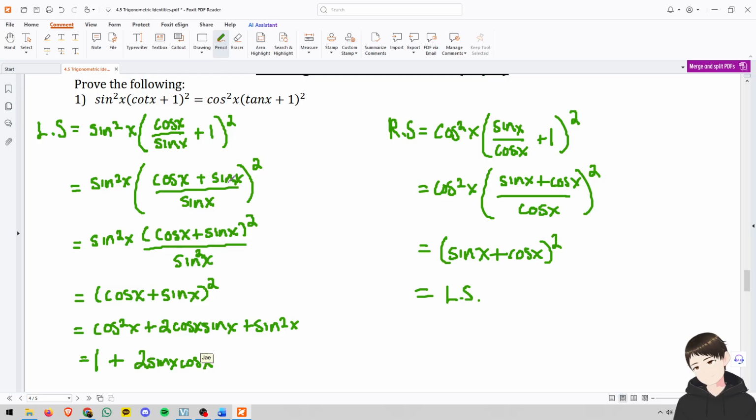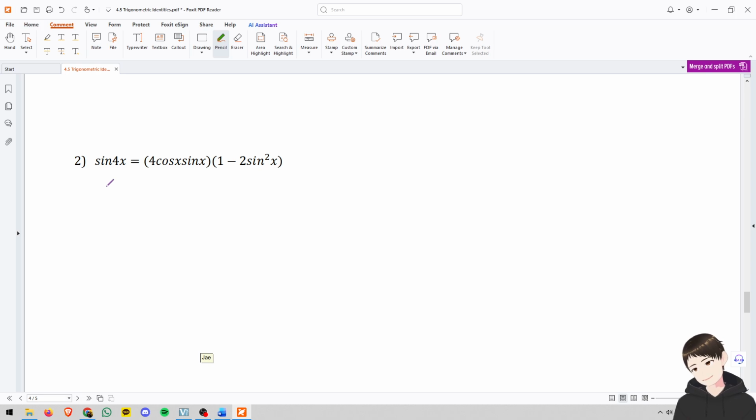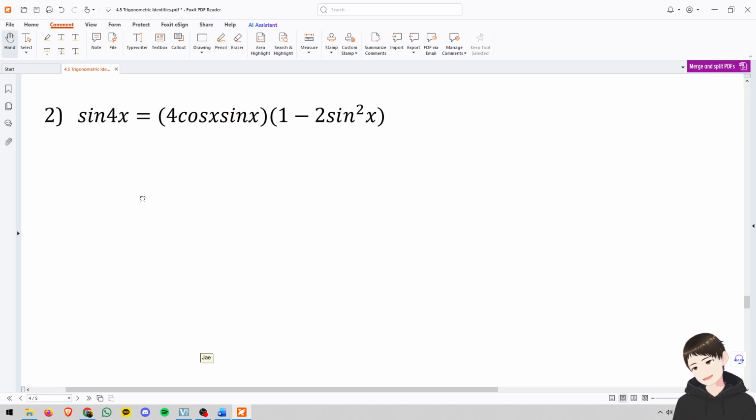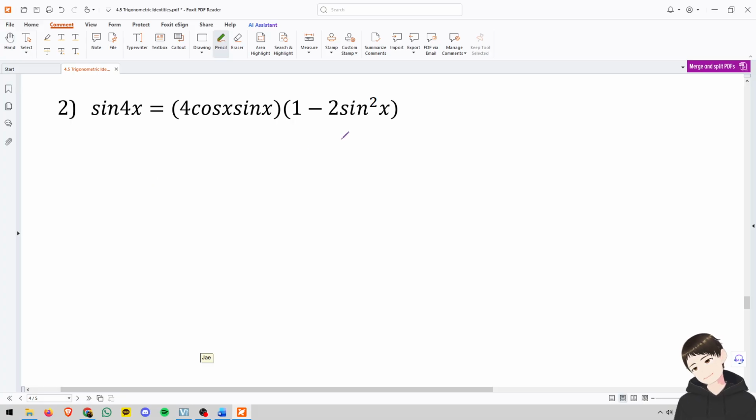Let's move on. Some of you might be copying. Remember, this is a video, so you can always come back or just take a picture or do whatever. Question 2. This looks a little bit more creative. I've got sine 4x. We never learned any identities with 4x. There must be some kind of trick. I also see 4 cosine.